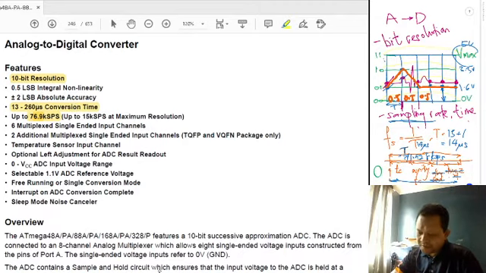So the maximum you can go is up to 71 kilo samples per second, or if you want to go tight at 13 microseconds, you can get a maximum of 76.9 kilo samples per second, or even up to 15 kilo samples.